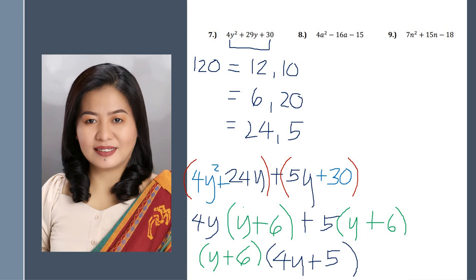So y plus 6 and 4y plus 5 are the factors of 4y squared plus 29y plus 30.